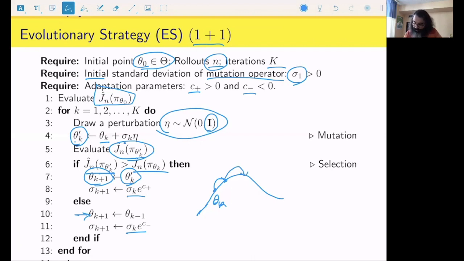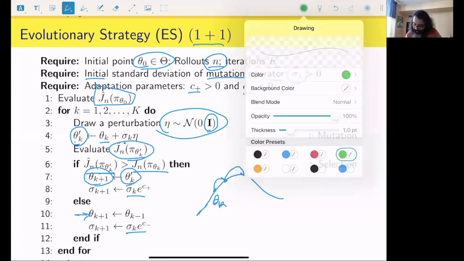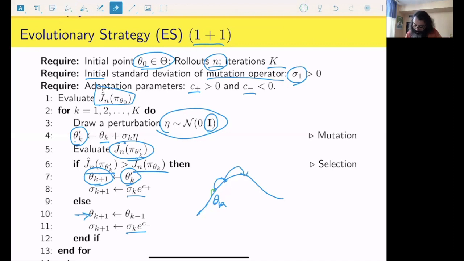But if we jump to a point that is worse, it tries to make a smaller jump, maybe just to come back or not. So this is a heuristic. Why it works is not necessarily trivial, but that's the kind of idea.